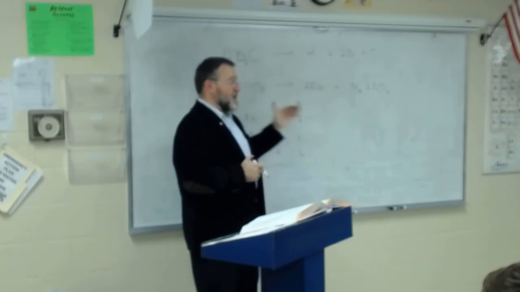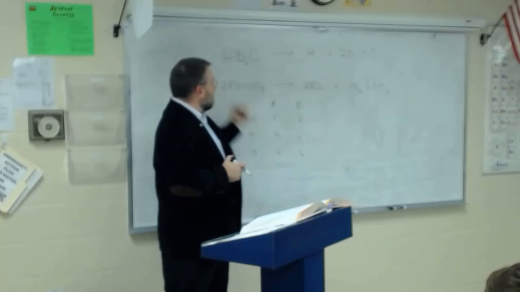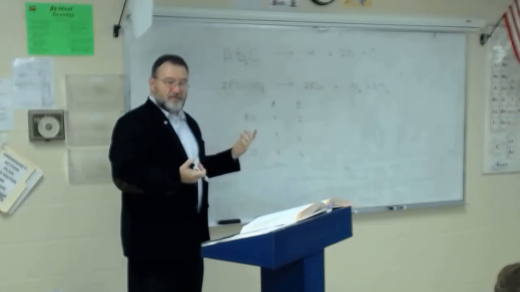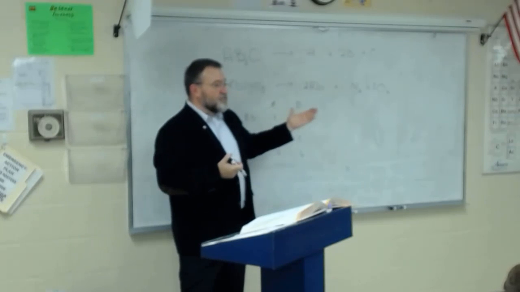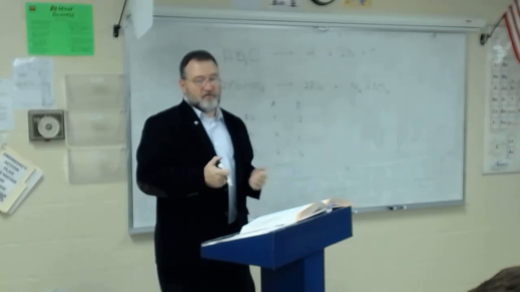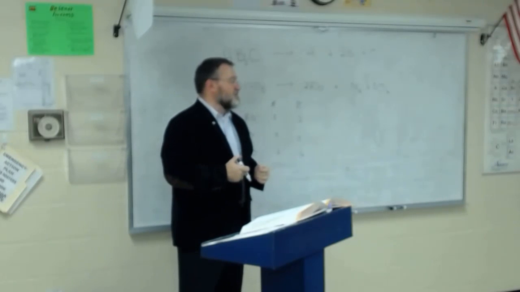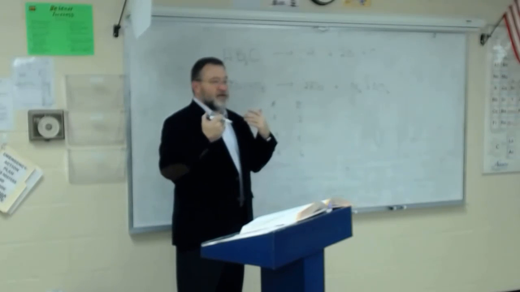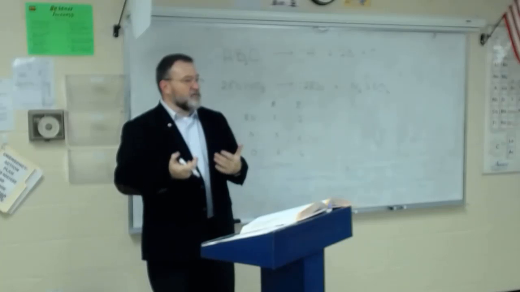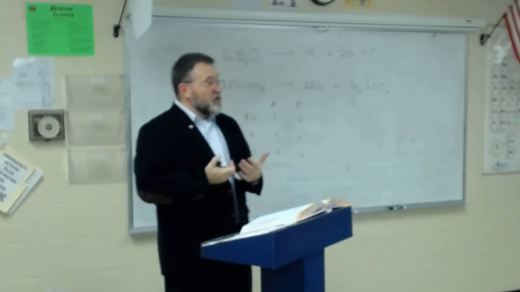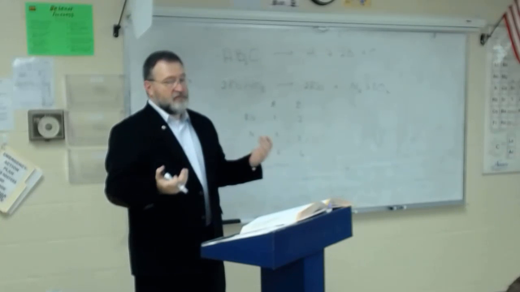When I'm done with that and I have a balanced reaction equation, I ask myself, are there any fractional coefficients? If there are, eliminate the fractional coefficients. Then look back through the coefficients and ask myself, what is the greatest common factor between the coefficients? If it's 1, I'm done.